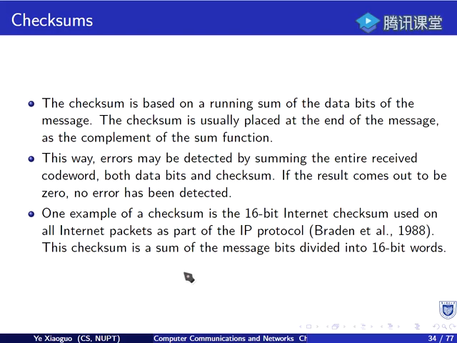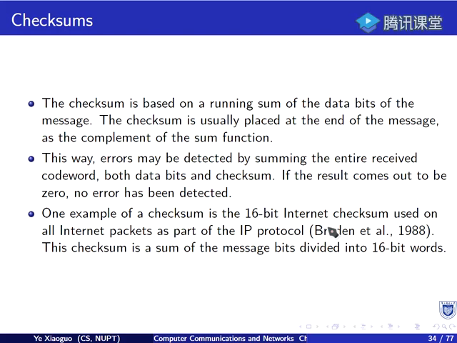This way, errors may be detected by summing the entire received code word, both data bits and checksum. If the result comes out to be 0, then no error has been detected.